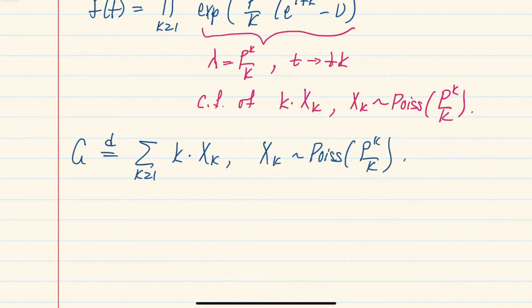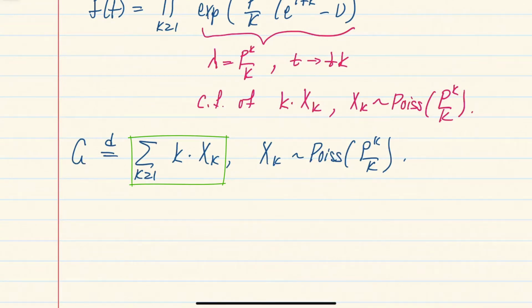And indeed it's very easy to justify that this series is well defined, and when you take the limits of partial sums you have all the convergence that you want here. That just follows from the fact that the variance of Poisson is also given by its mean p^k over k. So the sum of variances will also be a converging series. So we had this Kolmogorov's theorem that shows that this series is defined.